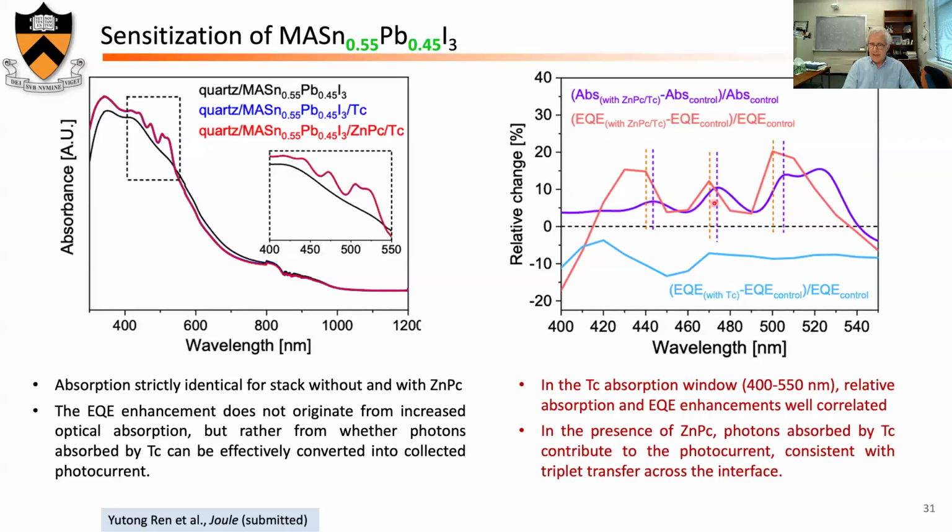And the same thing for EQE, the enhancement in EQE: EQE with zinc PC tetrazine minus EQE control, over EQE control. They really correlate quite well over the tetrazine absorption window, which I have represented here.